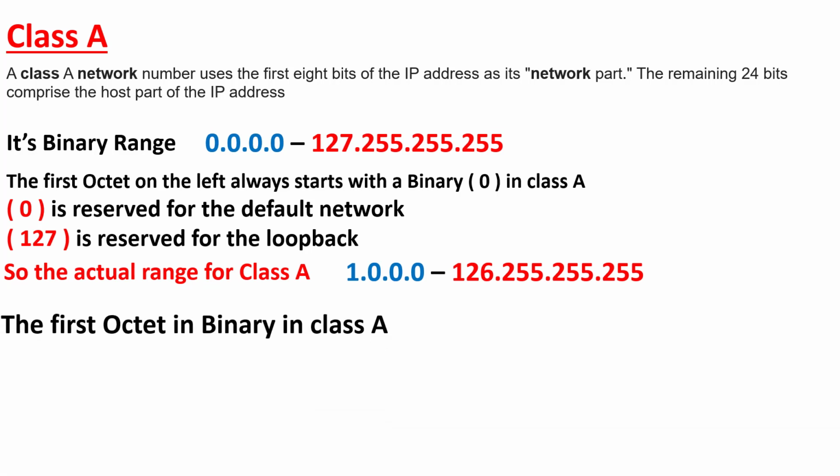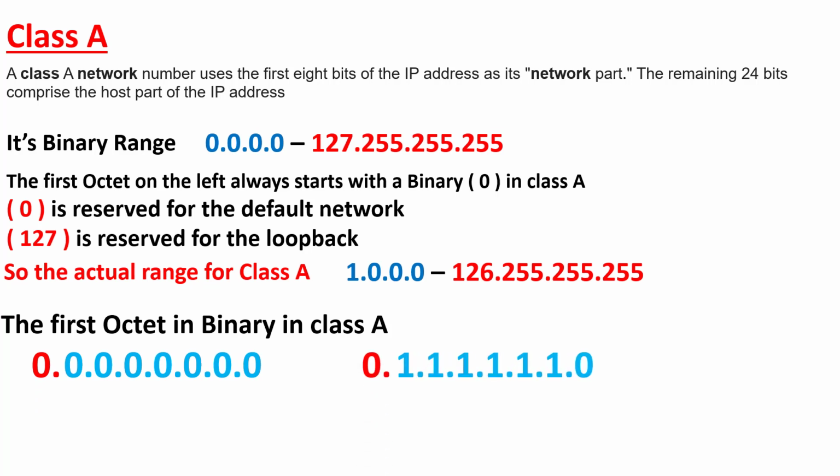The first octet in binary in Class A starts with a 0 followed by 7 bits, as you can see. But the actual range for a Class A is from 1 to 126.